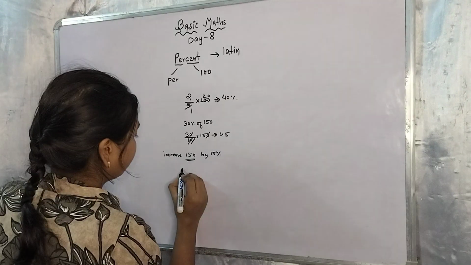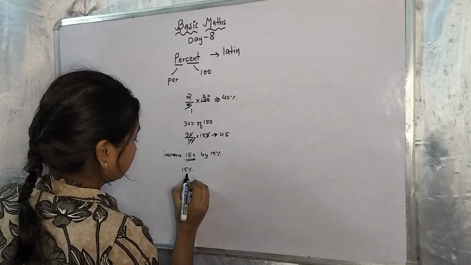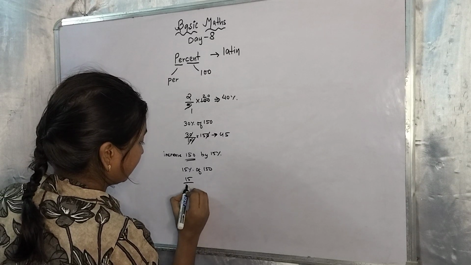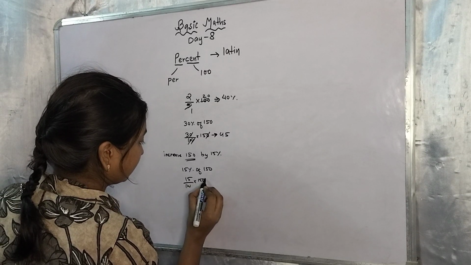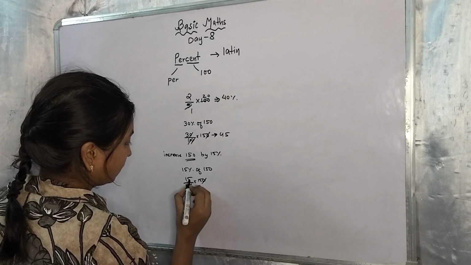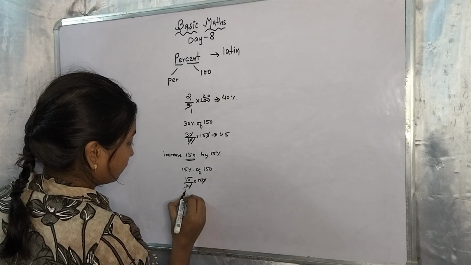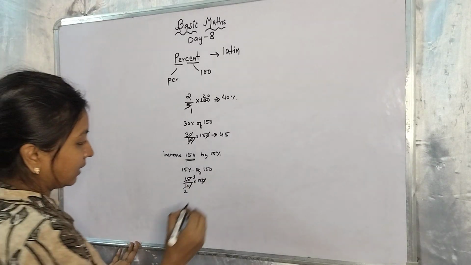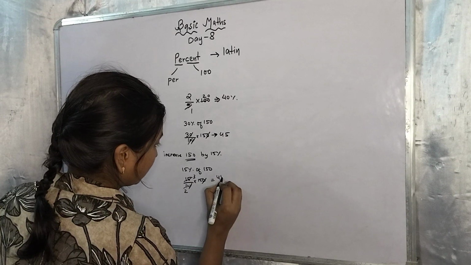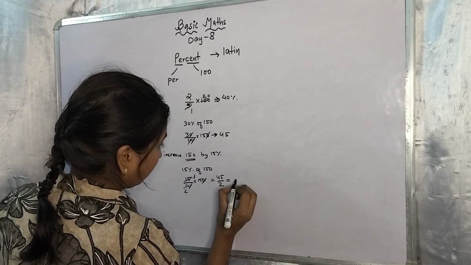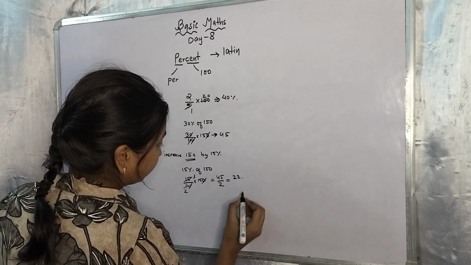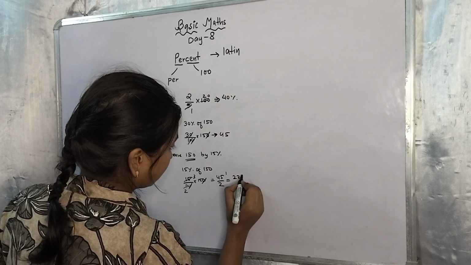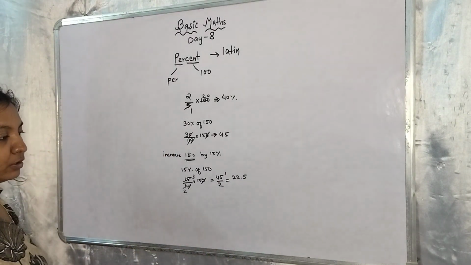So first, 15% of 150. So that is 15 by 100 into 150. This 0 gets cancelled out. 5 2s are 10, 5 3s are 15. So that is 45 by 2, or 22.5.